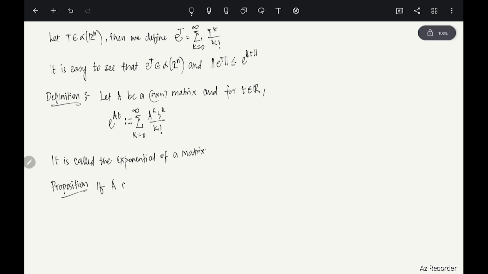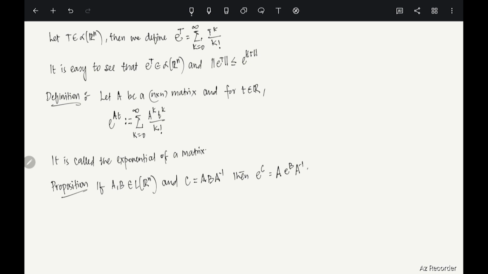If A and B are linear transformations in Rn, and you define a new function C, which is A B A inverse, then it is very easy to see that e power C is nothing but A e power B A inverse.